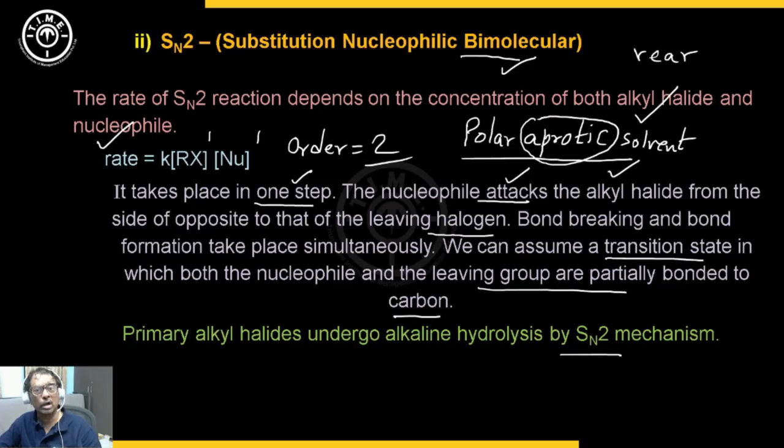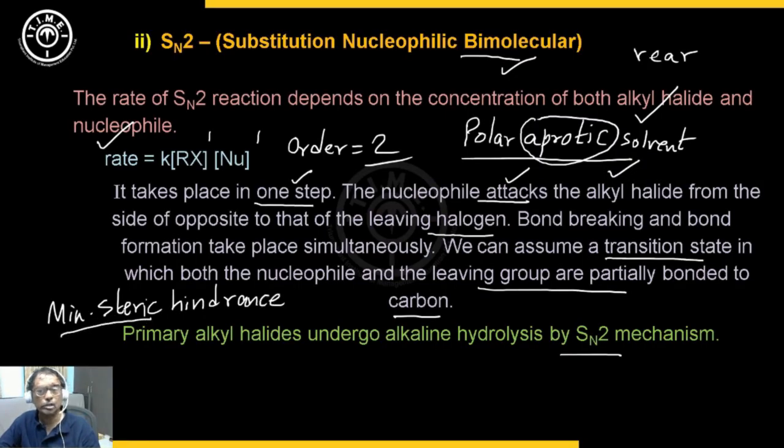For the nucleophile to attack as an attacking nucleophile, it has to find a clear way. Therefore, the groups attached to carbon cannot be bulky, so steric hindrance has to be minimum. So the SN2 mechanism depends on minimum steric hindrance.